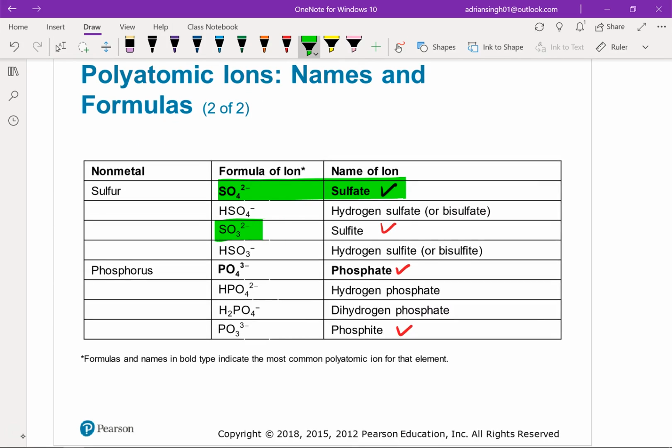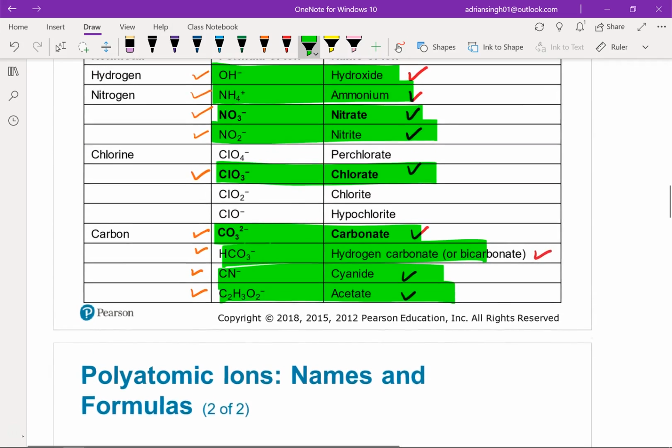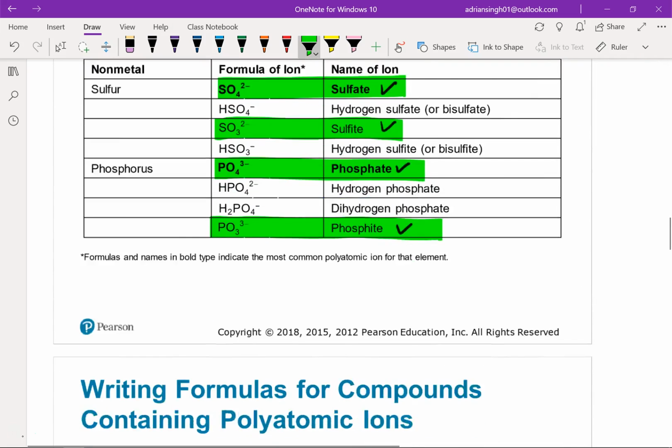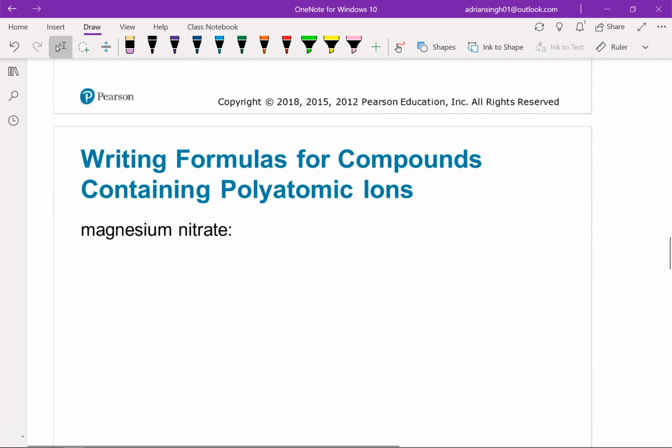Sulfate, we have sulfite, we have phosphate, and we have phosphite. All right, so those are going to be the most common ones that you need to commit to memory. All right, so the quicker you get that into your head, the better it's going to be in the long run. So knowing those polyatomic ions and recognizing them is the first step, and then using them for the nomenclature thing that we talked about in the previous section.